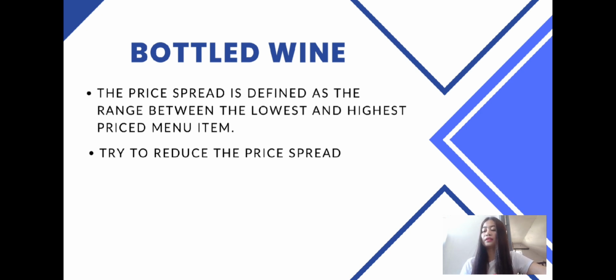To do this means calculating food percentage down to the very last. And last, try to reduce the price spread. It means that as production increases, fixed costs are spread over more units of production, reducing the cost per unit in addition to just covering costs.